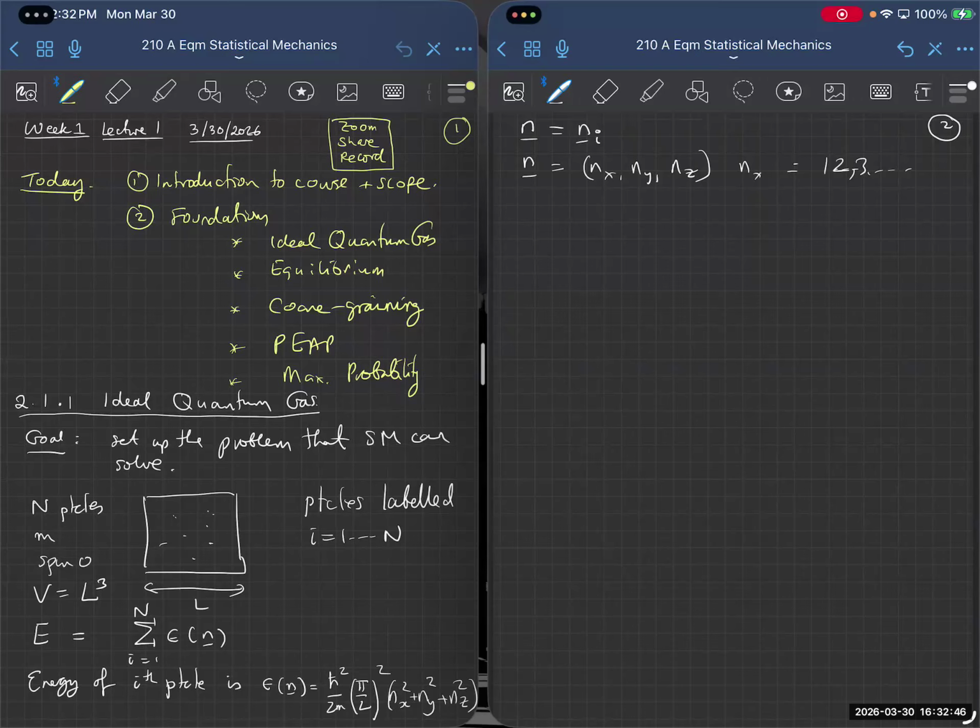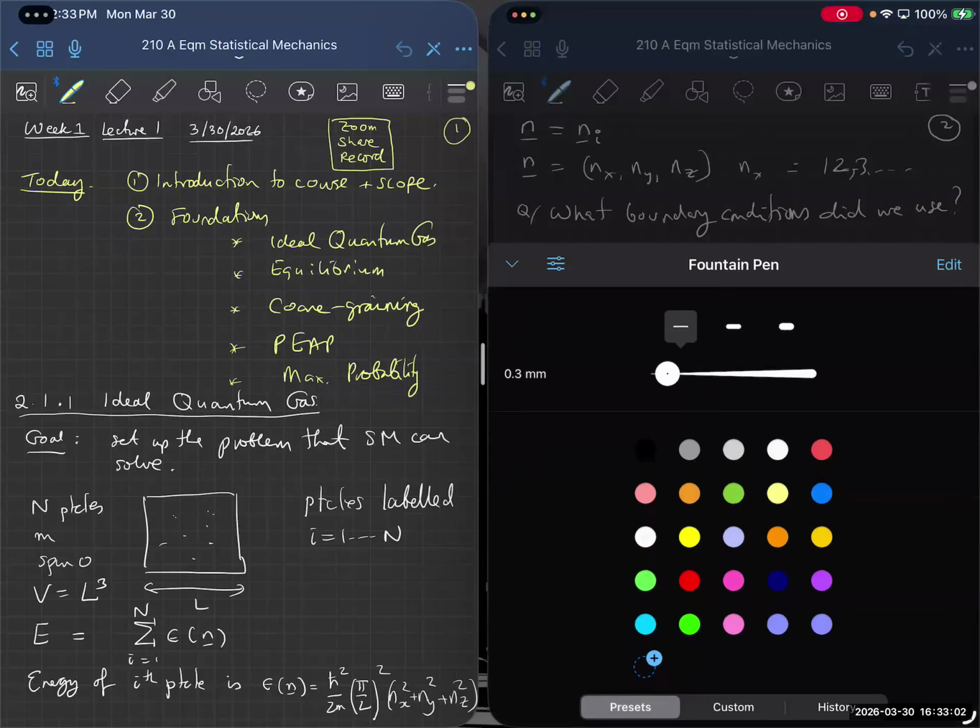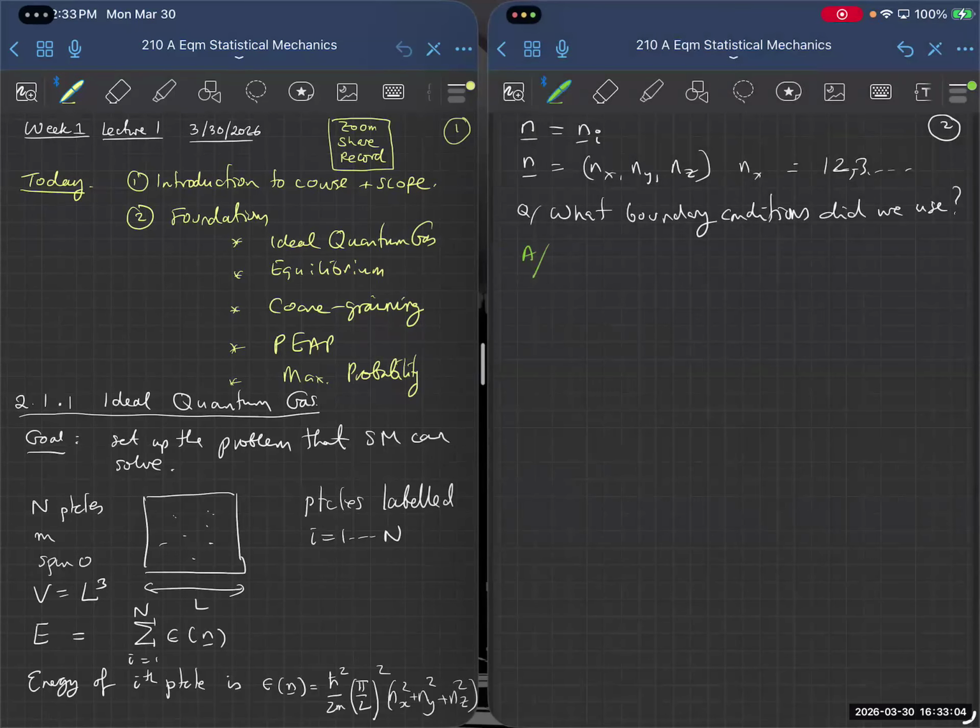Question: what are the boundary conditions? Somebody? For the Schrödinger equation?